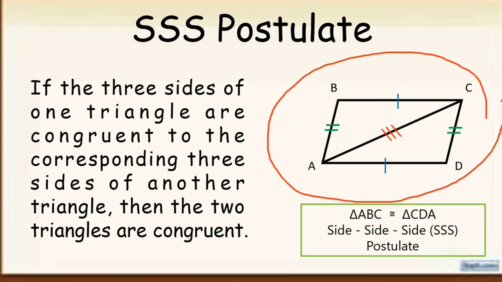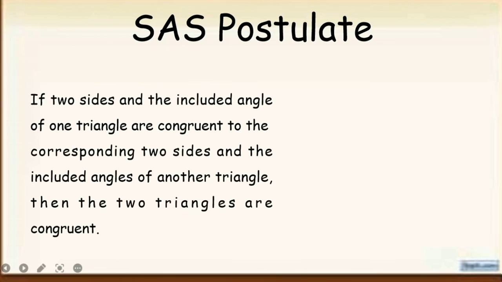So triangle ABC and triangle CDA are congruent by side-side-side postulate.